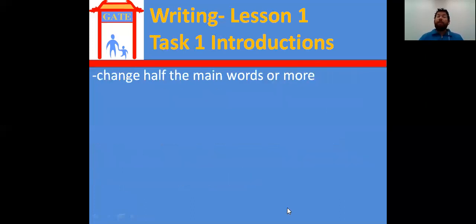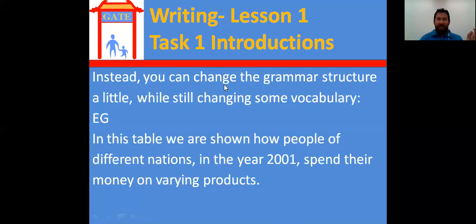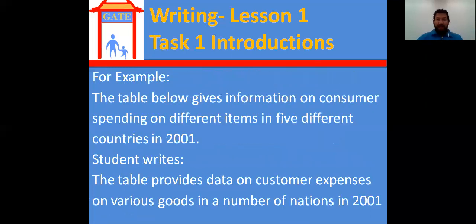So when we are changing introductions, we try to change not half the words, but half the main words. So normally in that sentence, let's go back to the question: consumer, spending, items, different, information, countries.